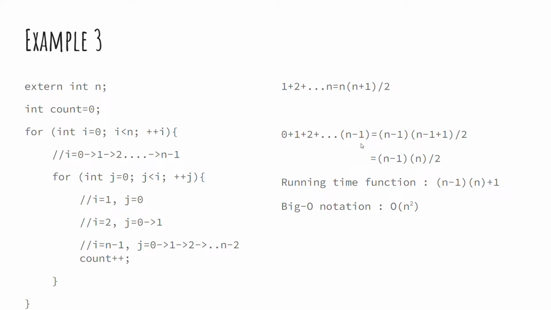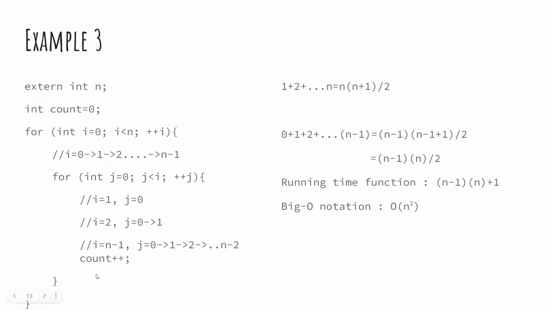So this is the same as the sum of the first n minus 1 natural numbers instead of n natural numbers over here. So we substitute n minus 1 in this equation instead of n. So we get n minus 1 multiplied by n minus 1 plus 1 divided by 2. And so that comes out to be n minus 1 times n over 2. So that's the number of iterations of the inner for loop.